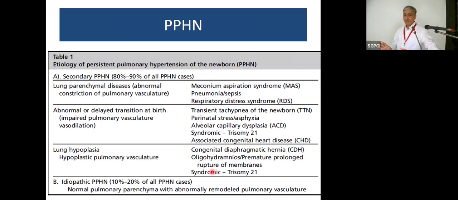Primary is where we have a normal parenchyma with an abnormally remodeled pulmonary vasculature. The secondary is because of clinical conditions which hamper or delay the transition, like parenchymal disease, asphyxia, or hypoplastic lung associated with CDH or other conditions. So this will lead to PPHN.